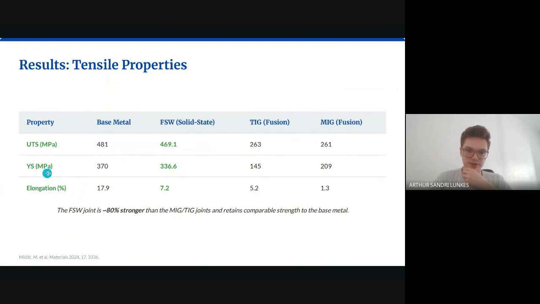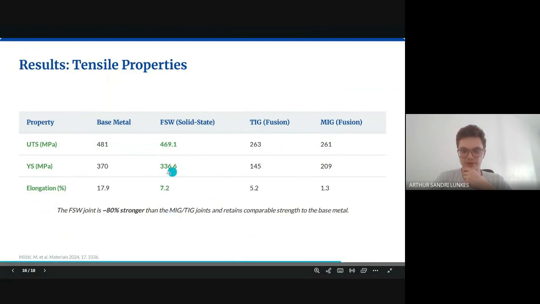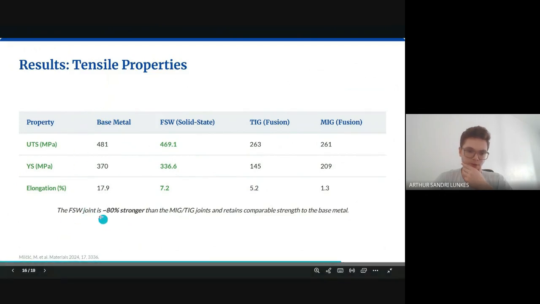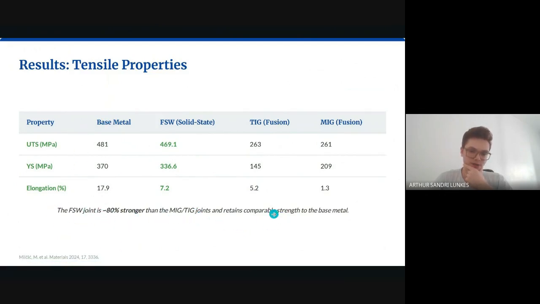In the yield stress, we have the highest value compared to TIG and MIG too. And the elongation is higher in the friction stir welding than TIG and MIG too. So as you can see, friction stir welding is very close to the base material conditions. So the friction stir welding is 80% stronger than MIG and TIG and is closer to the base metal.